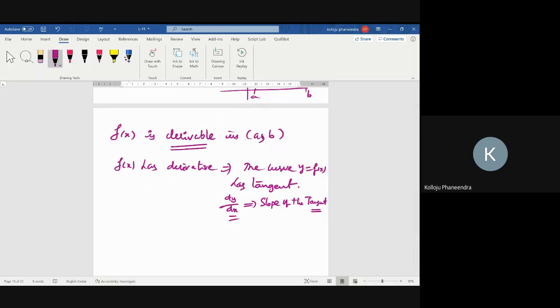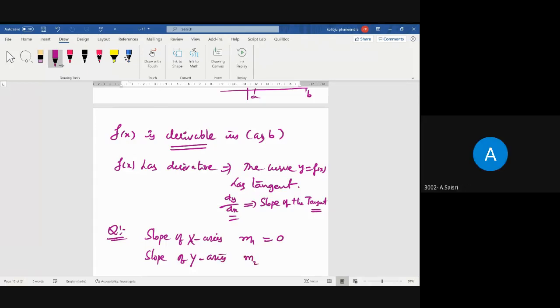And shall I ask one question? Okay, just one question. What is the slope of the x-axis? 0. What is the slope of the y-axis? Undefined.